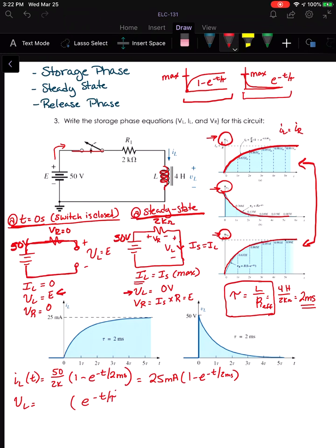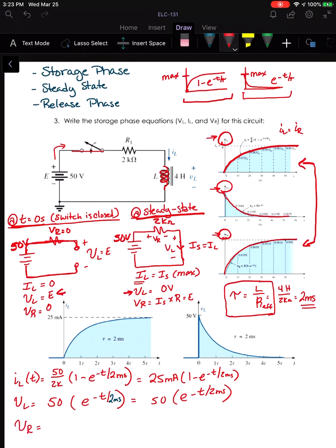So e to the minus t over tau, and remember, tau was 2 milliseconds. So here we're going to start at 50 volts and go to 0 over time. So I'll just rewrite that so that they're all kind of lined up.